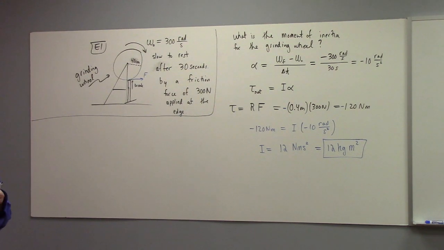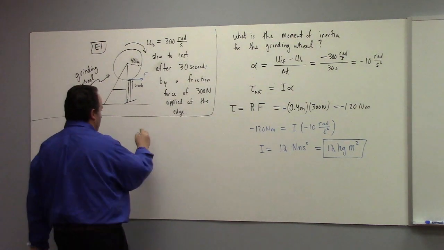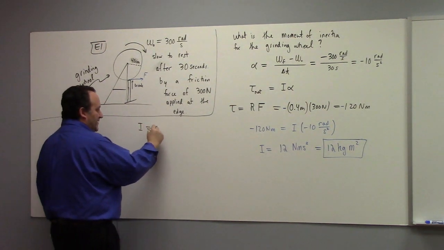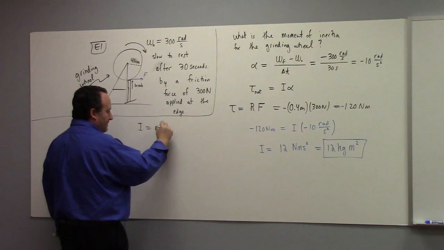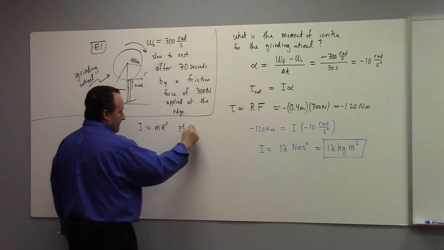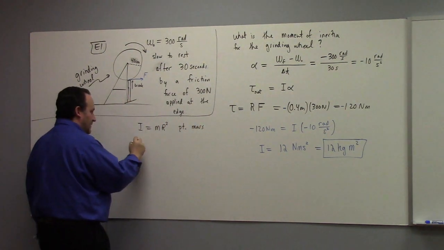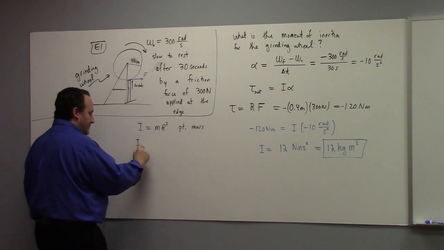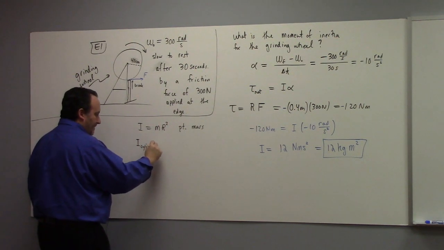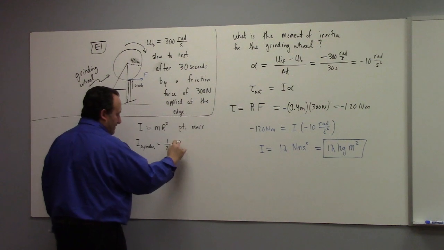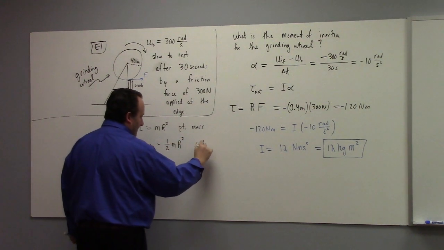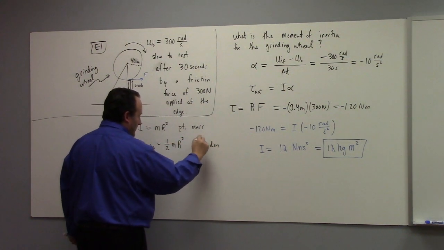What was the moment of inertia for a point mass? Just to review, I equals m r squared for a point mass, right? What's the moment of inertia for a cylinder? One half m r squared, right? Solid cylinder, of course.